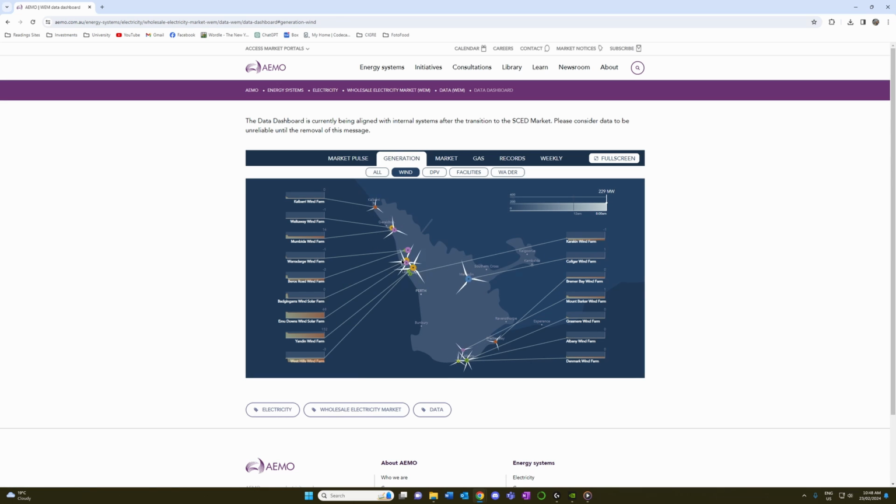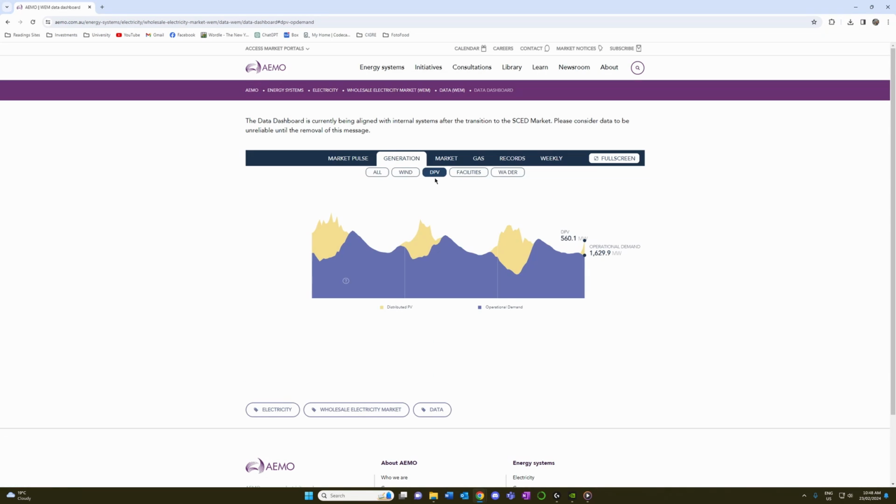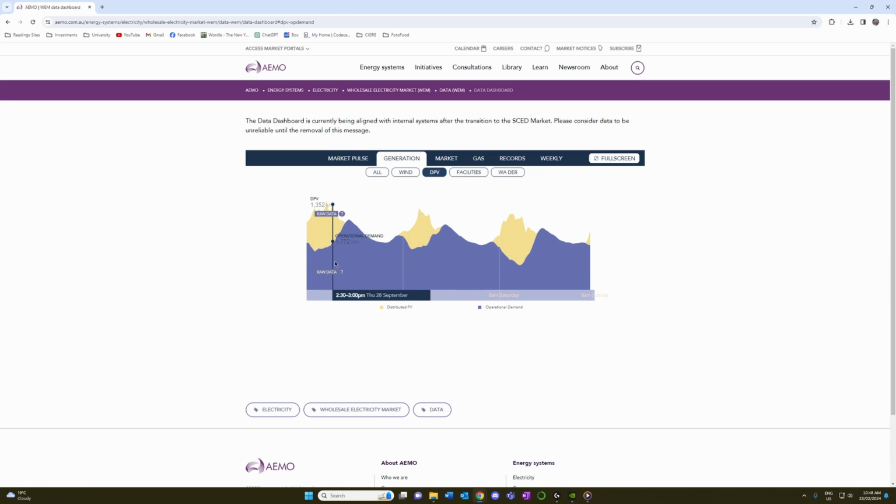There's lots of wind in the WEM, as you can see here, pretty cool dynamic of it. DPV, which is distributed photovoltaics, is essentially all your rooftop solar. You'll be able to see here what is, I guess, being generated by DPV during the day.